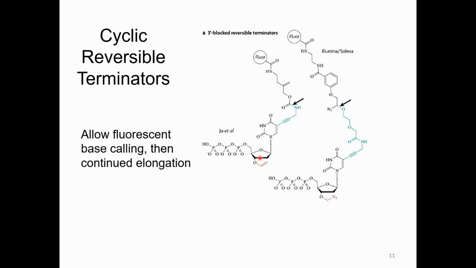So now it can accept another nucleotide. And then you go through the second cycle. And so each successive cycle is polymerization, reading the color, cleaving off the color, and then deprotecting the 3' hydroxyl group, turning it into a hydroxyl. And then you just repeat that process over and over.